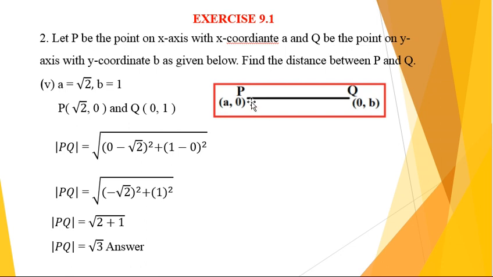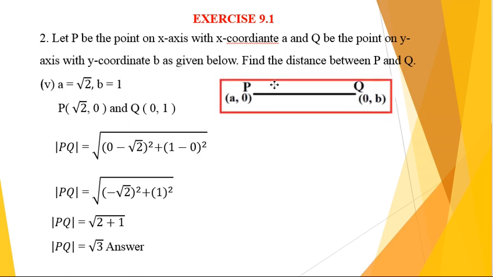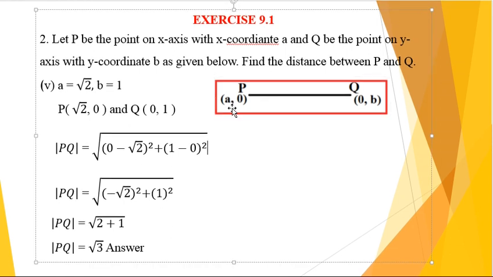So this is a figure to understand the question, that P is the point in which the x coordinate is A and the y coordinate is 0 because it is on the x-axis, and Q is another point which is on the y-axis.